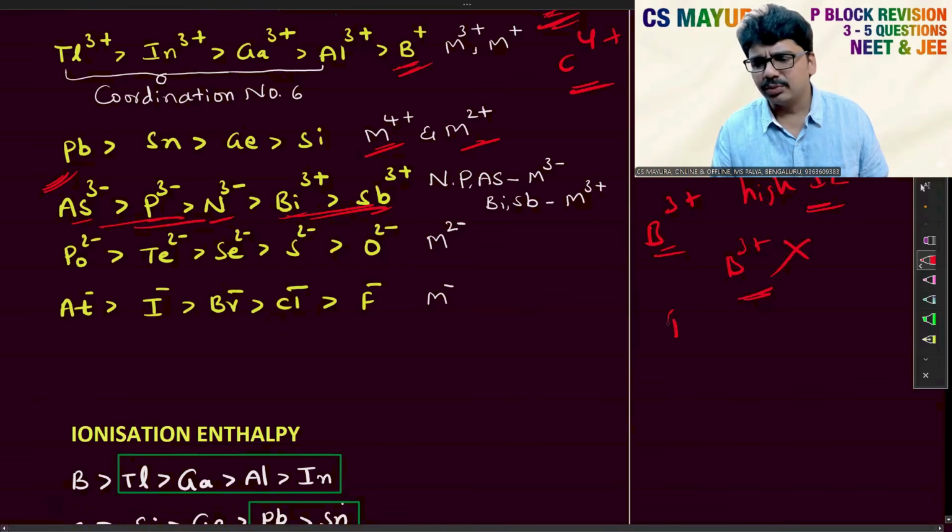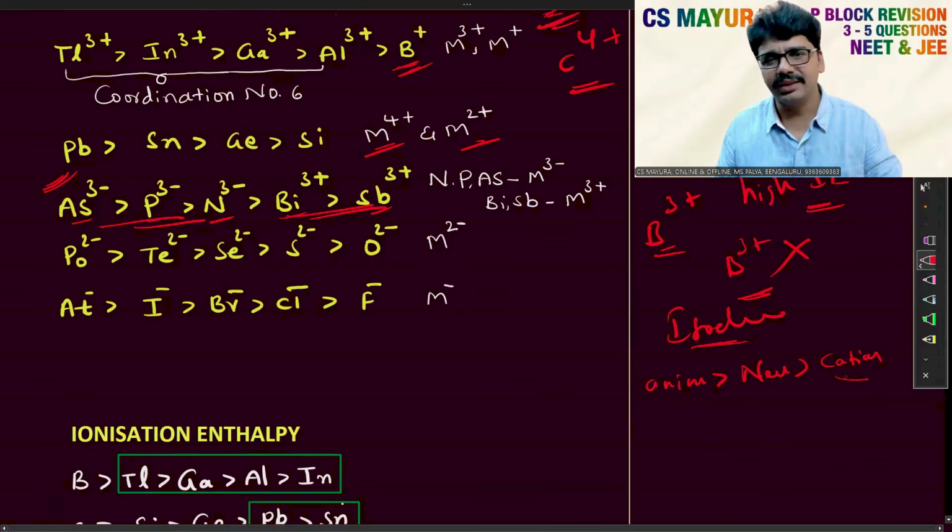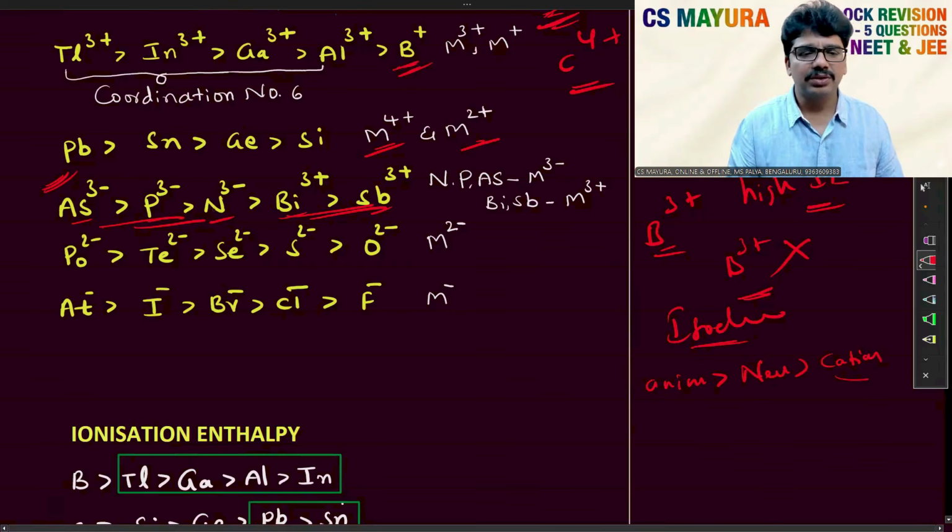These are not isoelectronic species, they are based on the values. Generally, for isoelectronic species, anion size is greater than neutral, neutral size is greater than cation. When positive charge increases, size decreases; when negative charge increases, size increases. So N3-, P3-, As3- are anions, their size is more than the cations Bi3+ and Sb3+. This is one important thing.